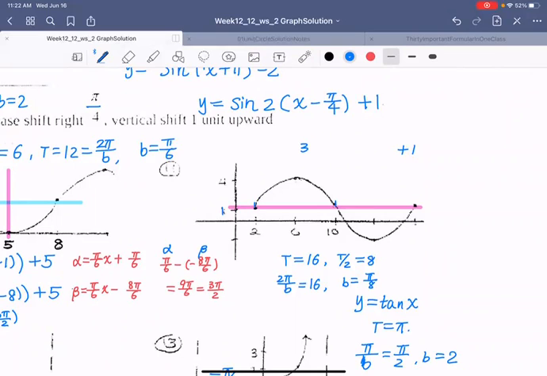Very good. Okay, so you write that as 3 sine pi over 8, parentheses x minus 2, parentheses plus 1. That's right.